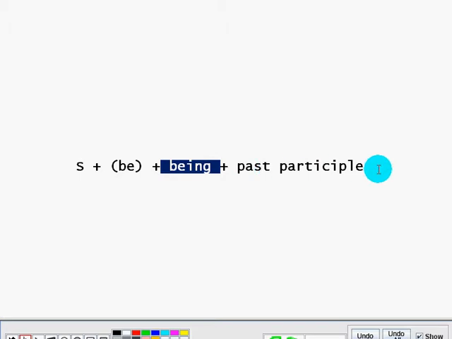That is how you can make present continuous passive. And always remember that your verb should always be in the present. That's why it's called present continuous. Be verbs such as am, is, are.